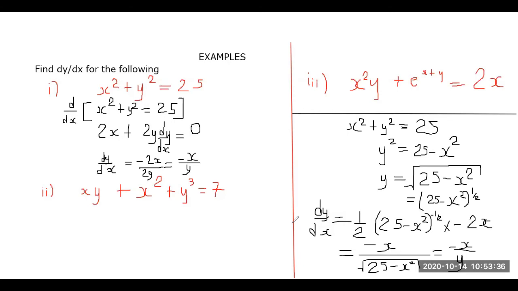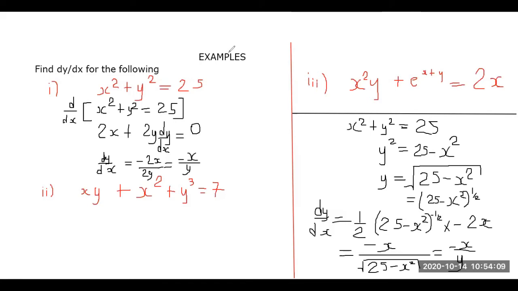And so a simple way of doing it is just differentiate y with respect to x by using implicit differentiation. And there are also cases where we cannot write y in terms of x, and in those cases, we have to do implicit differentiation. So right here, question 2, we have to do implicit differentiation because it's going to be very difficult to write y strictly in terms of x.